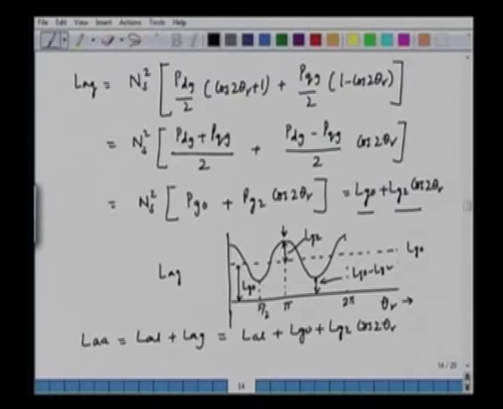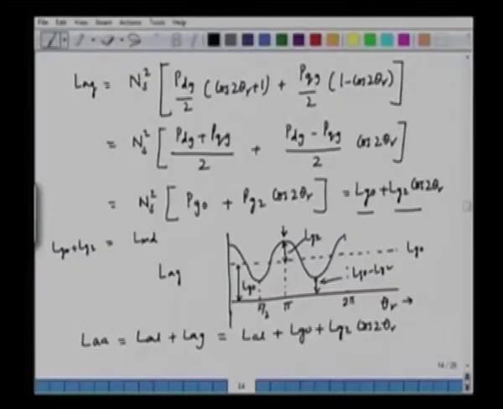And we will see that Lg0 plus Lg2 is related to the d axis magnetizing inductance. We can call that LMD, and a little later we will show you that this LMD is equal to Lg0 plus Lg2, with a factor of 2 by 3.